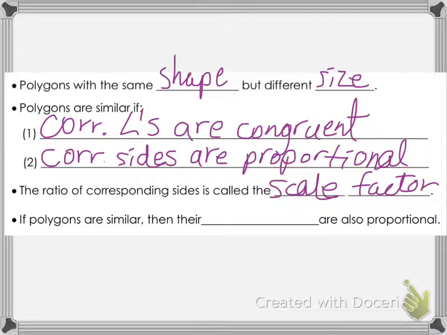Okay? And if our polygons are similar, then their perimeters are also going to be proportional. The perimeters being when you add all of the sides together, that total.